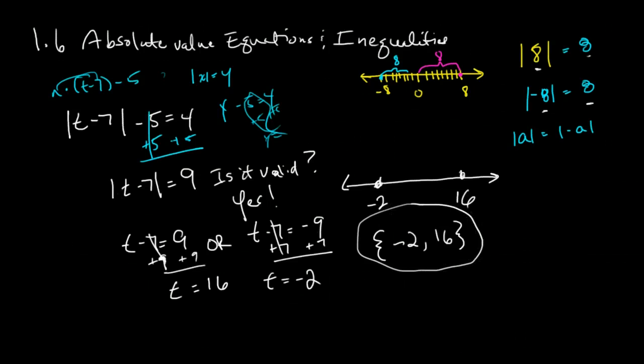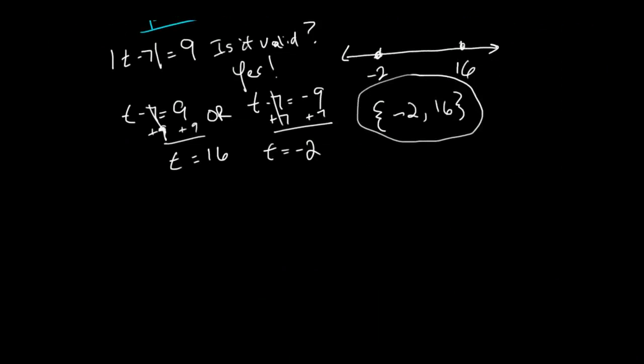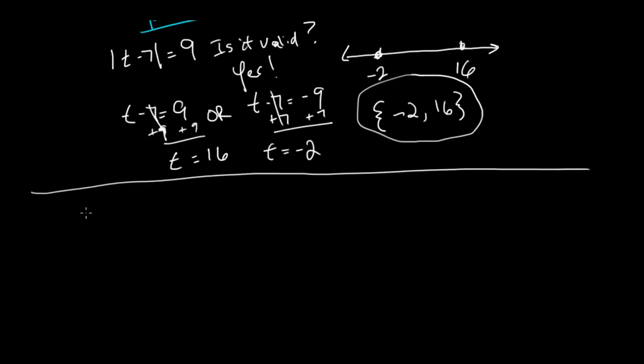Now let's try an inequality with an absolute value. Let's say that the absolute value of 2x minus 1 over 3 is less than or equal to, we'll say 1.